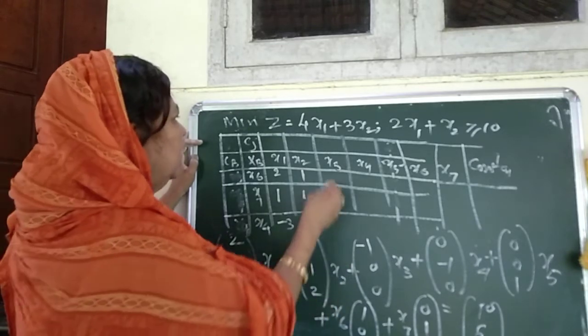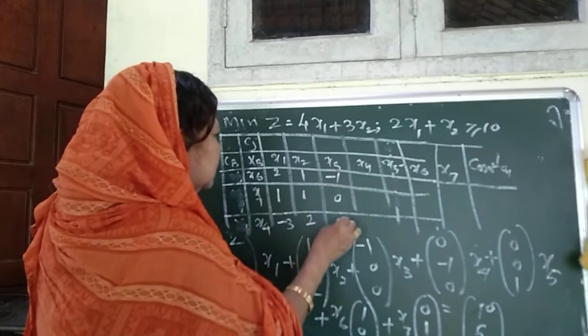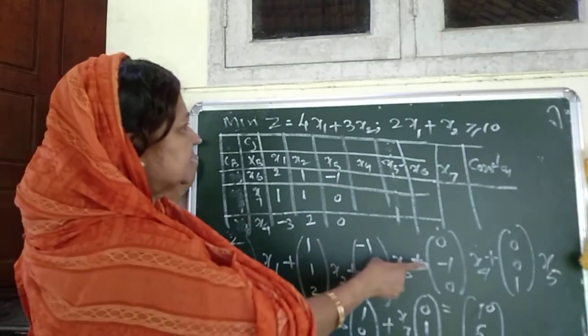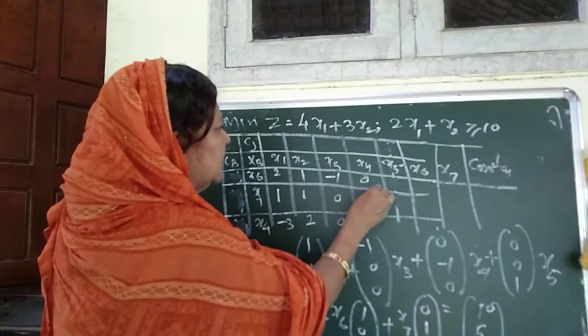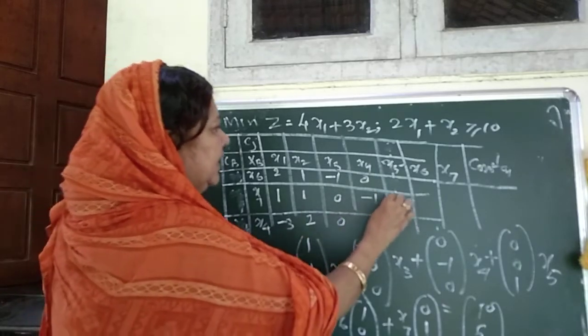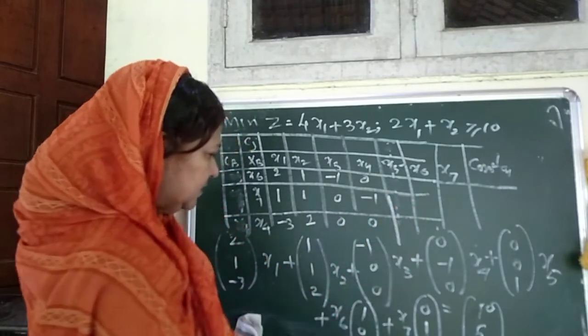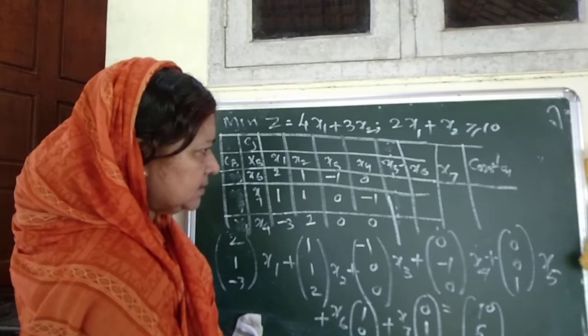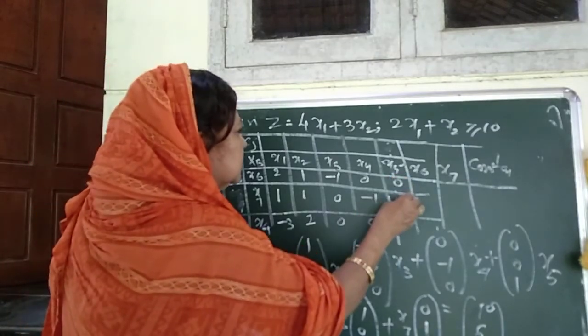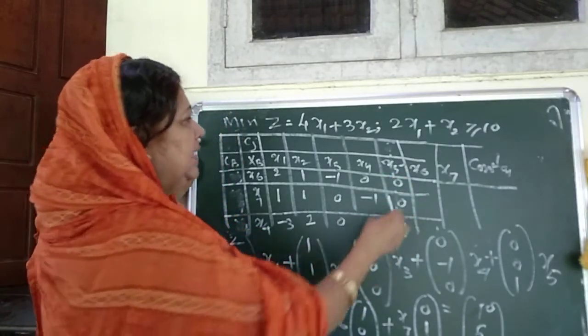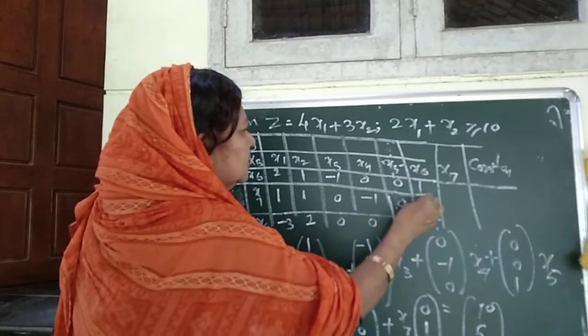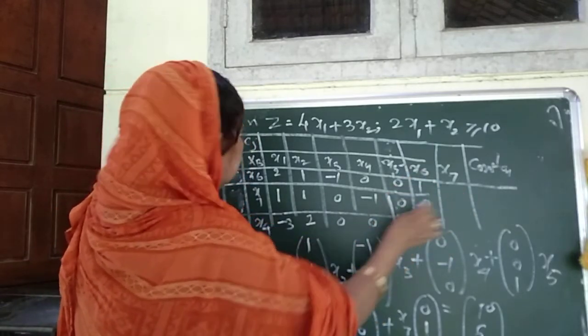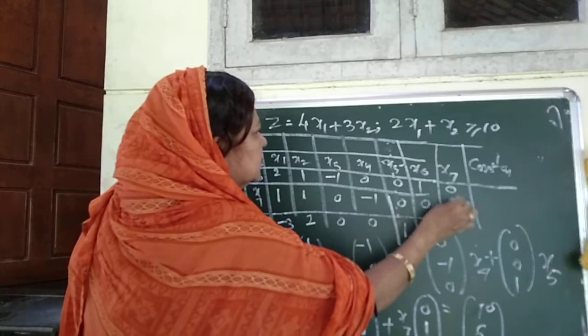Then for x3 it is minus 1, 0, 0. x4 it is 0, minus 1, 0. x5 it is 0, 0, 1. x6 it is 1, 0, 0. x7 it is 0, 1, 0.